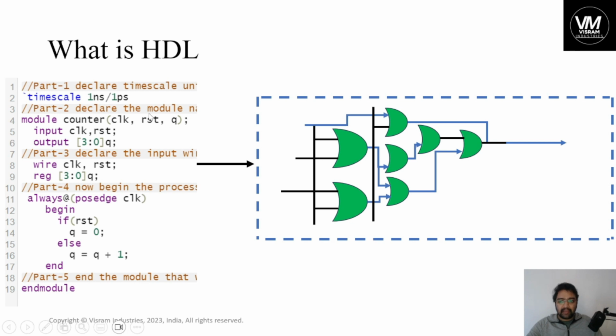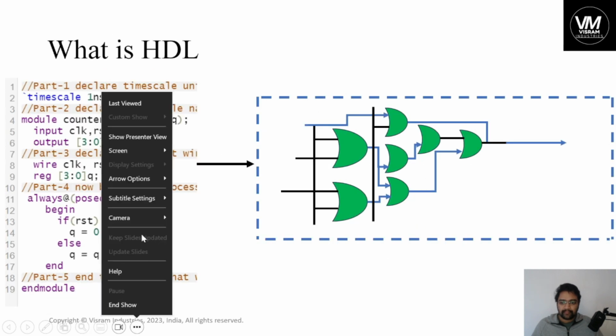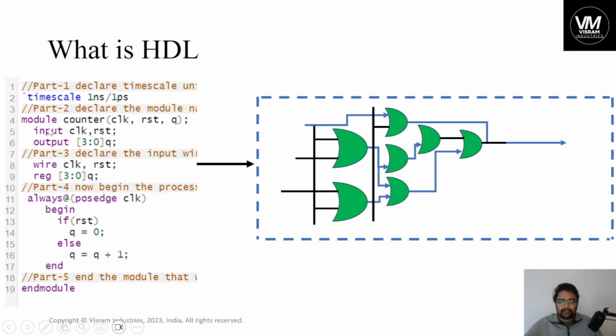And then what we are achieving from the HDL output: when we write code, we are writing code for hardware description. There might be millions of cells nowadays in the chip.